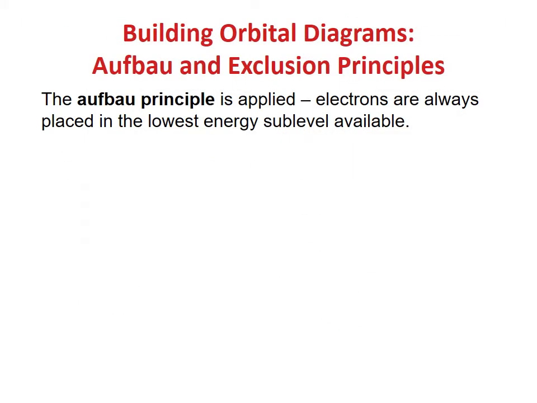When building orbital diagrams, we use the Aufbau principle and the exclusion principle. The Aufbau principle says that electrons are always placed in the lowest energy sublevel available and then build up from low energy levels to higher energy levels. So for the hydrogen atom, we only have one electron, and this electron goes to the lowest energy level, and that's the 1s orbital with a spin up.